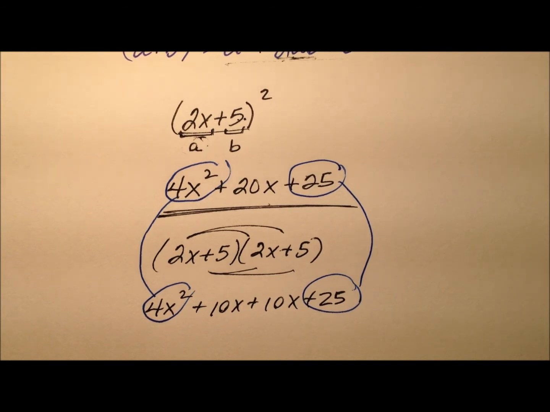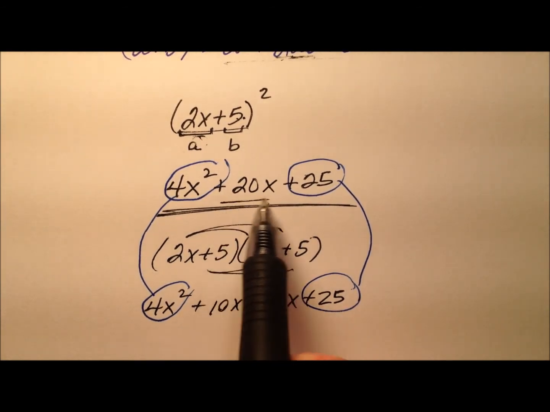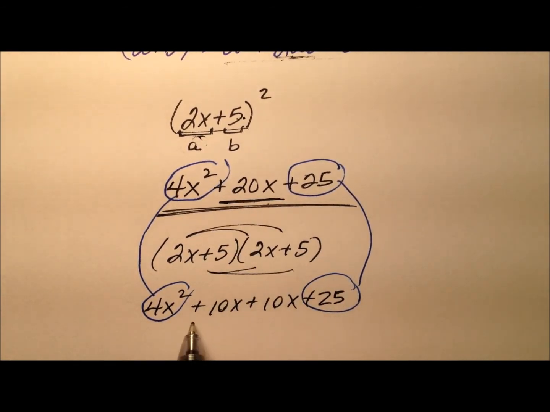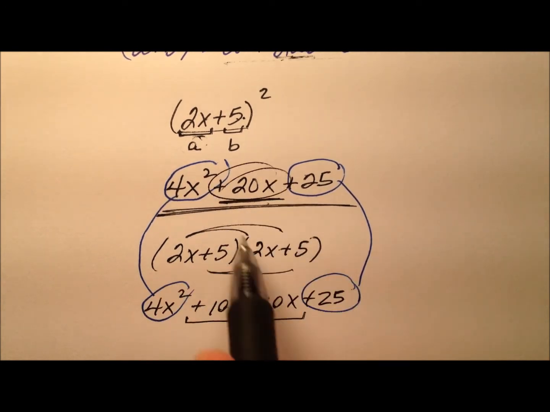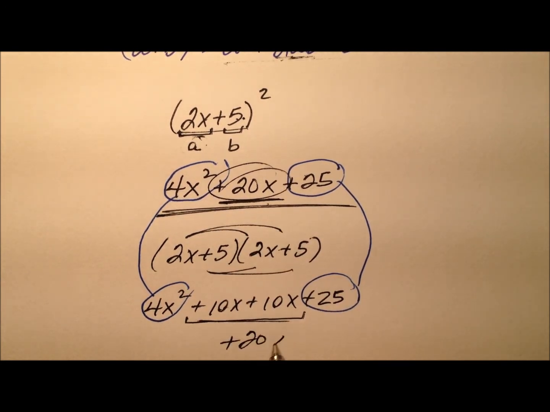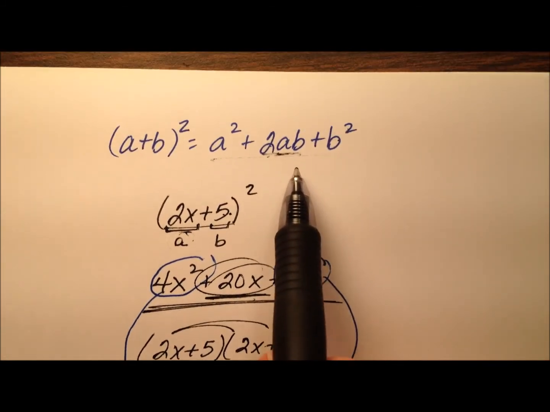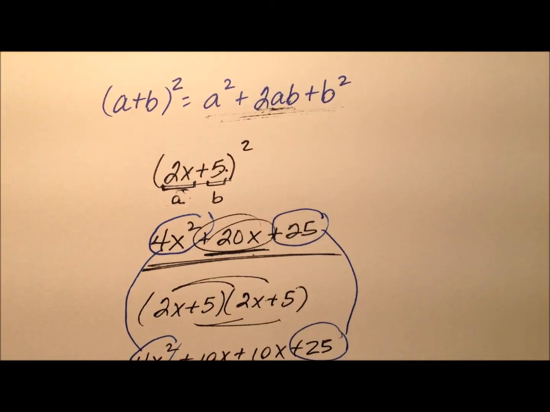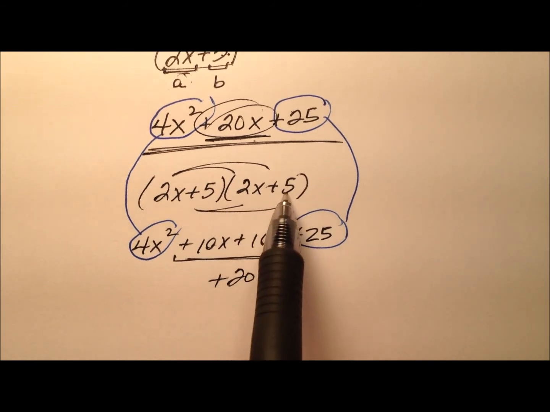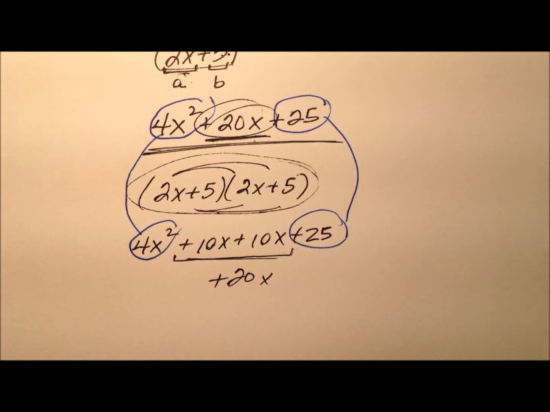The big difference is here we were able to go right to plus 20x, and here we'd need to see that these middle two terms are like terms and we can combine them. So plus 10 and plus 10 makes our plus 20x.